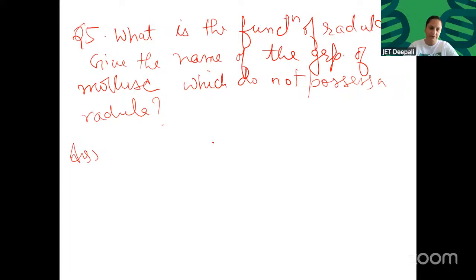Answer number 5. The buccal cavity contains a file-like rasping organ called radula for feeding, except in the bivalves and tusk shells of mollusks. Okay, the bivalves do not have it.